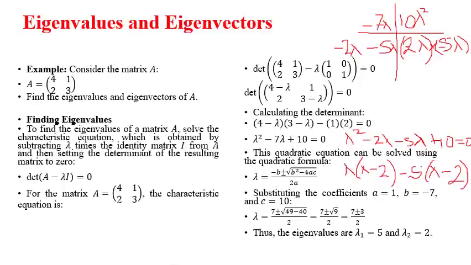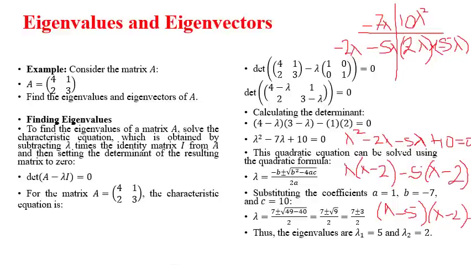So that minus 5 times minus 2 will give you plus 10, equal to 0. So then it means that you have lambda minus 5. It is either lambda minus 5 equals 0 or lambda minus 2 equals 0.